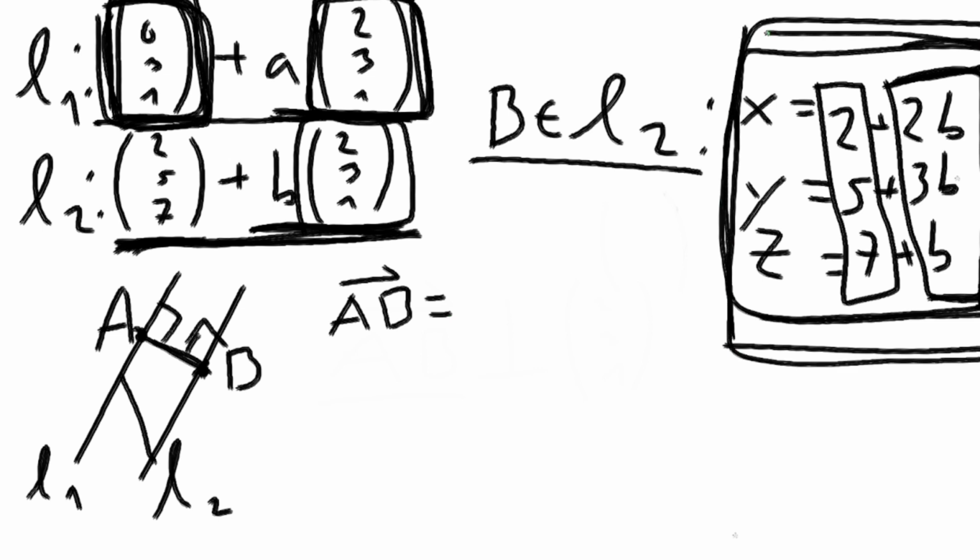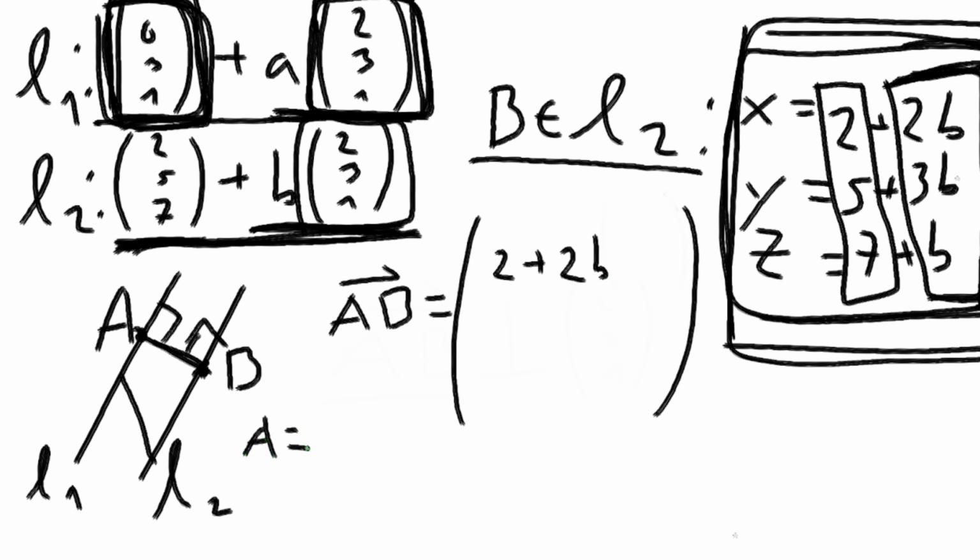B is a parameterized point. It can be anything depending on what b is set to here. But in any case, we can still write it as a free entry vector. So for x it will be 2 plus 2b minus what it is for A. And we chose A to be on L1, and we chose it to be 0, 3, 1, which you can find in the vector form that we have in the top left corner.